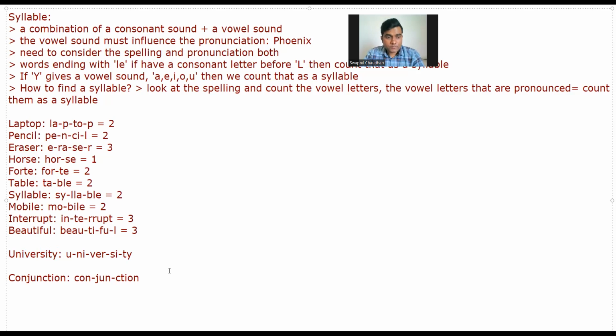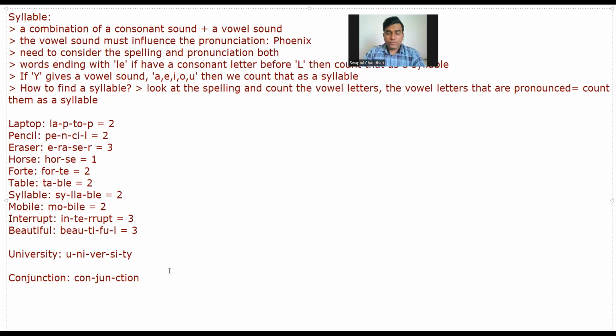And then with this word conjunction, if you count, we have one vowel, two, three, and four. So although we have four vowel letters, if we try to count the syllables, so we say kan, junk, shun. Is it pronounced chung and shan?